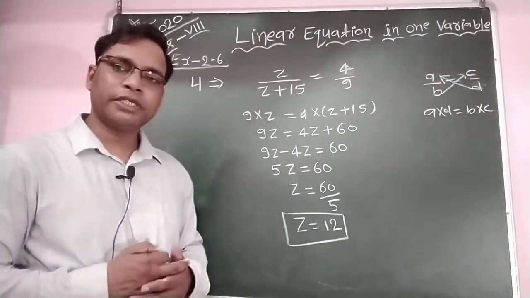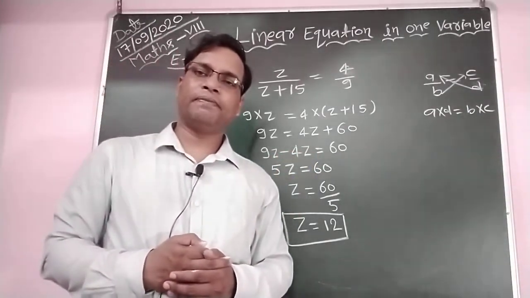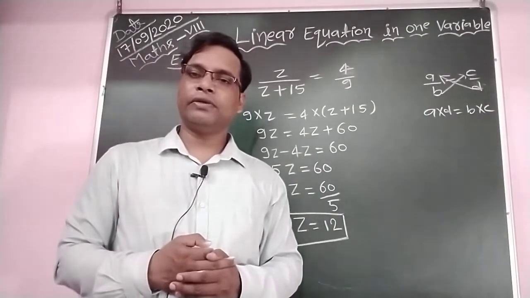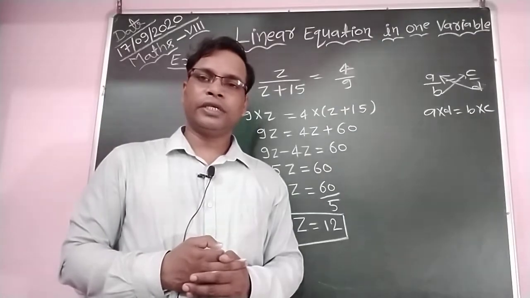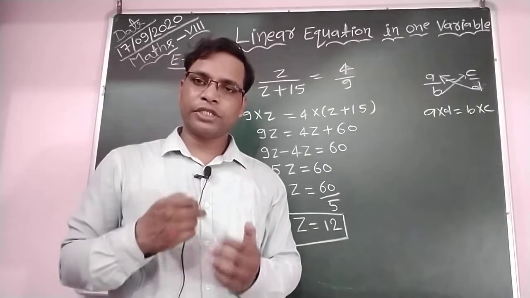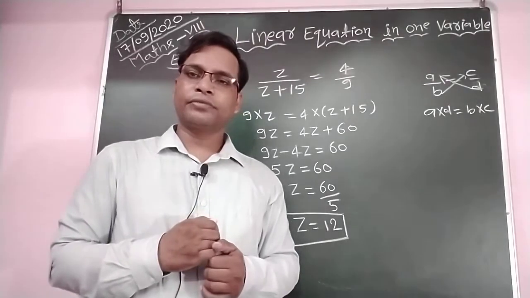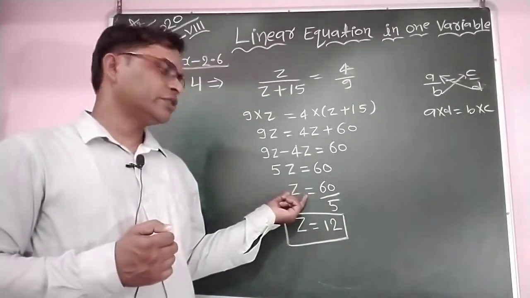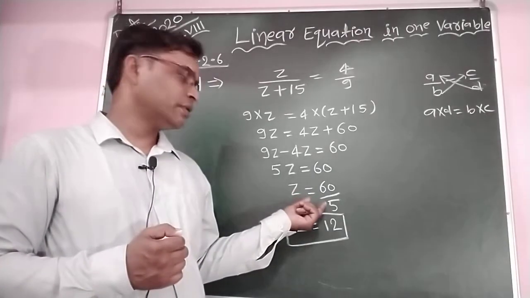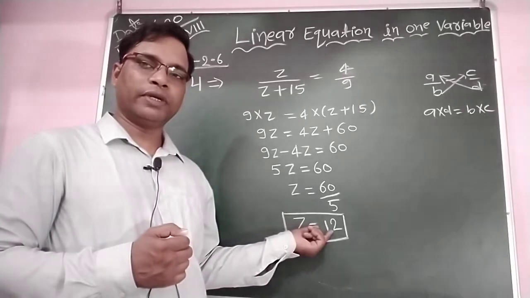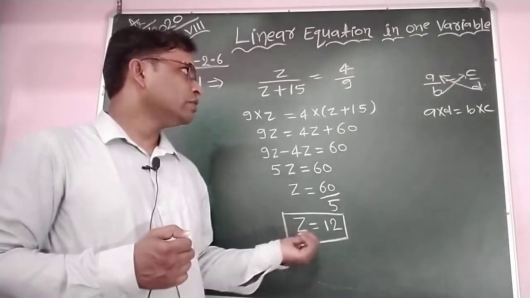When we subtract 4z from 9z, we have 5z, and in right hand side we have 60. So here in left hand side, z is multiplied by 5. So when we transpose this 5 to right hand side, then 60 divided by 5. So you can see here z is equal to 60 by 5, or if you divide 60 by 5, you have 12. So the value of z is equal to 12.